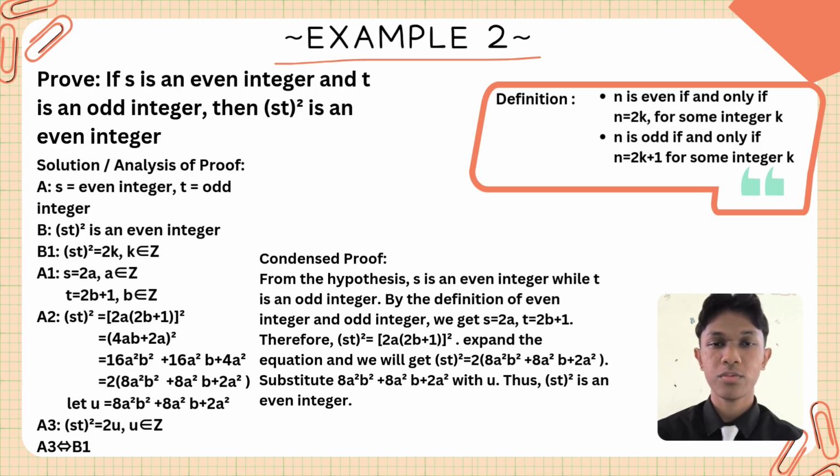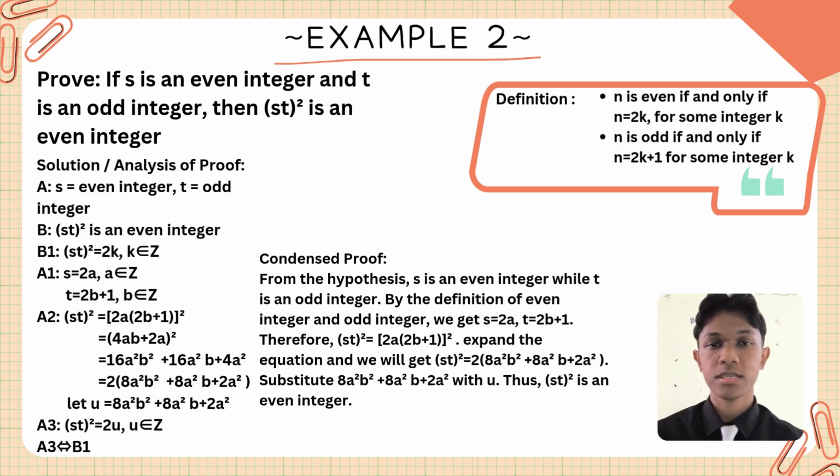Our forward method will start with A1. So A1: s is equal to 2a, where a is an element of integers. This is because s is an even integer, like it said in A. So that's why 2a. And our t will be 2b plus 1.